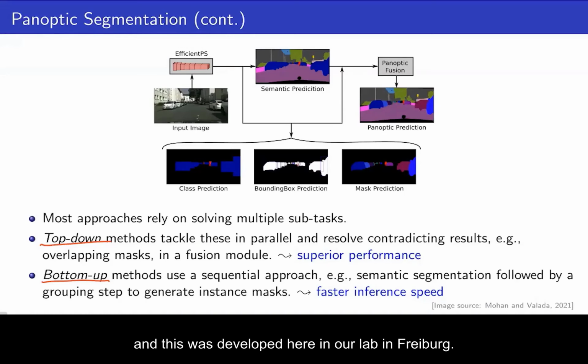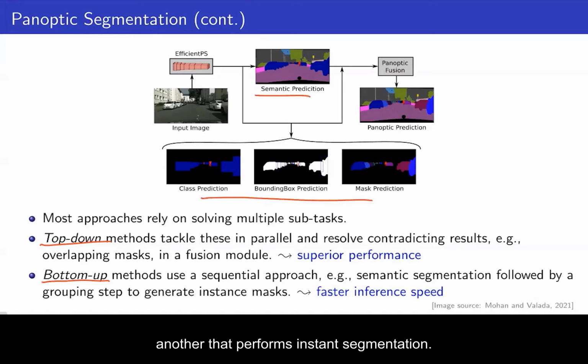An example of this is the EfficientPS architecture, which is shown here, and this was developed here in our lab in Freiburg. And as you can see, we have a backbone, which is basically a classification network. Here we use a modified EfficientNet architecture. And then we have two parallel streams, one that performs semantic prediction and another that performs instance segmentation. And finally, we get these overlapping predictions and we fuse them with a specialized fusion module.